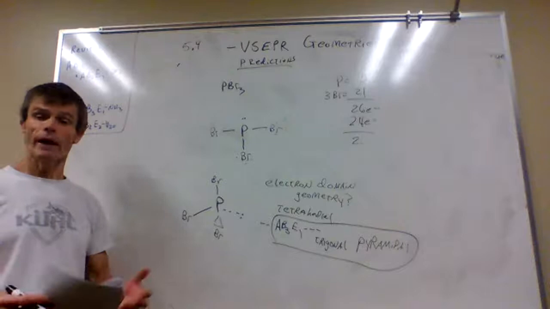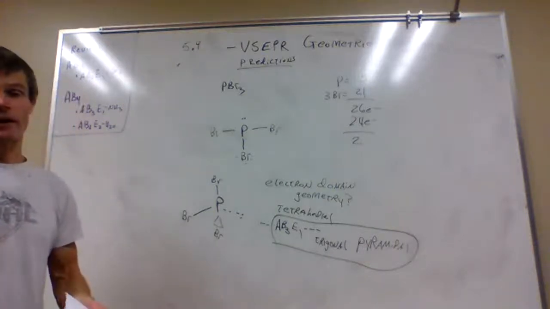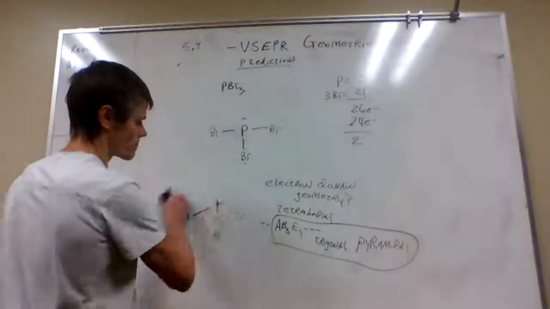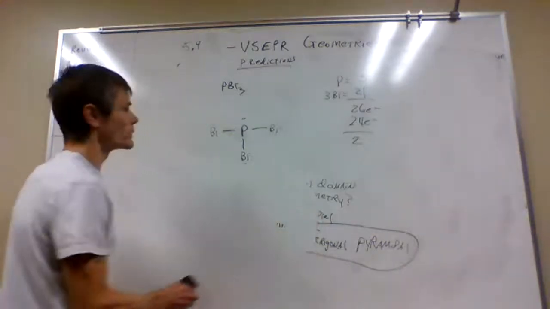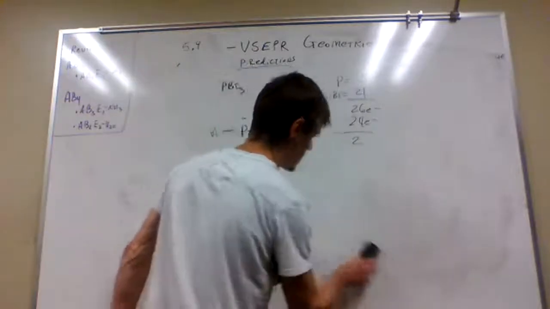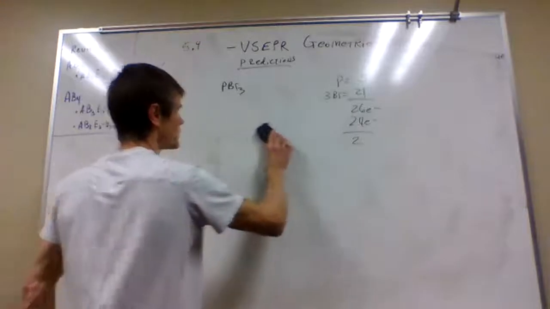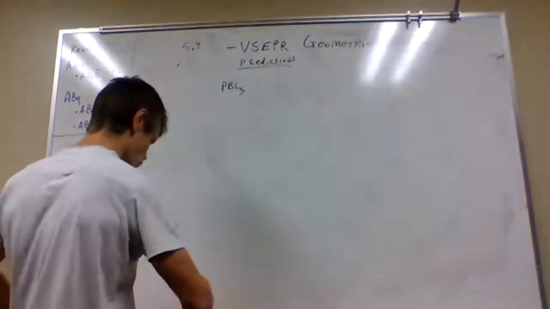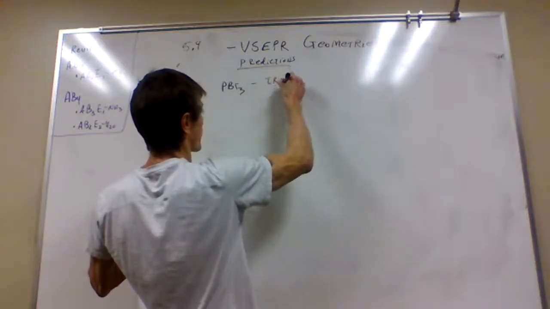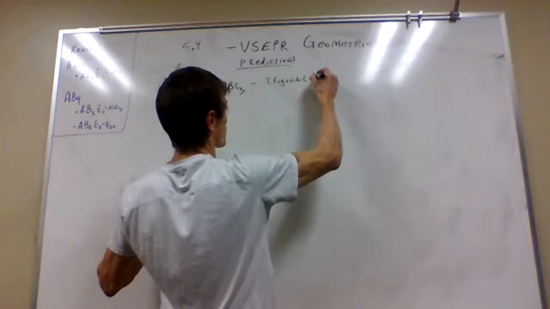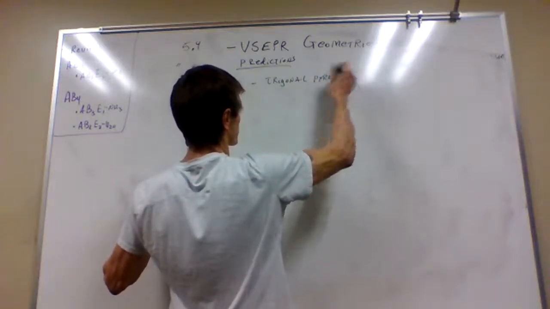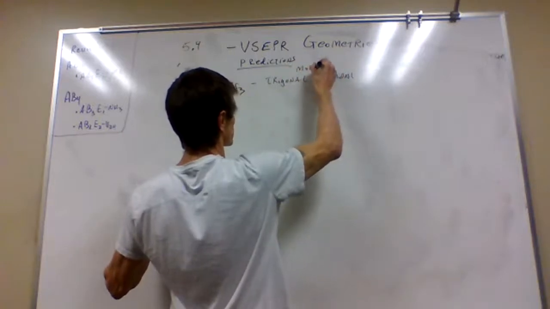Let's try another one. This is one I had in an earlier slide, but I didn't go over, but I'll go over this one. The reason I'm going to go over this is because the formula is quite similar. Okay, so we just did PBr3 and said that it's trigonal pyramidal. That's its molecular geometry.